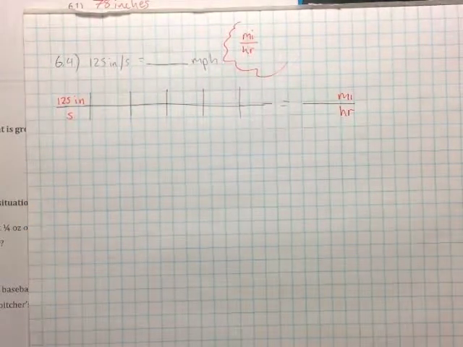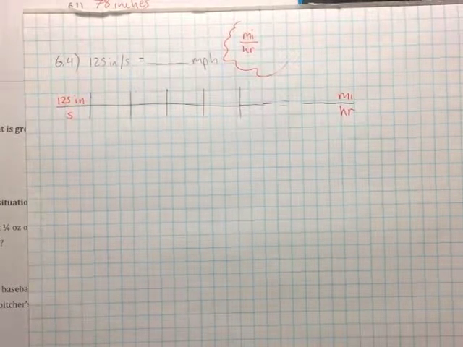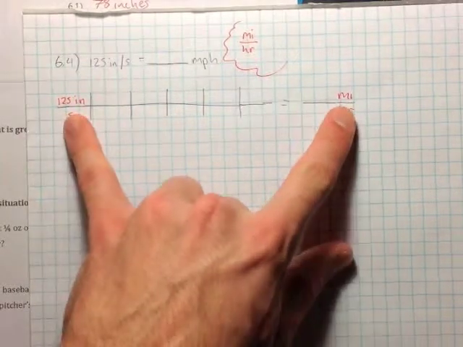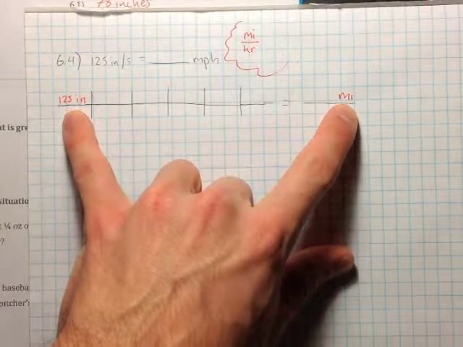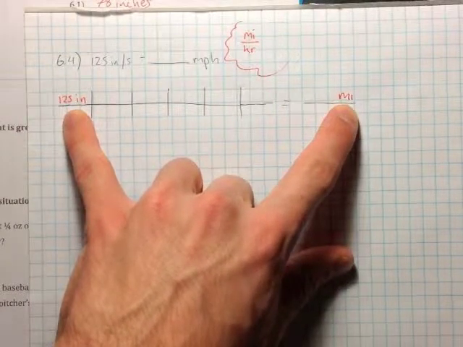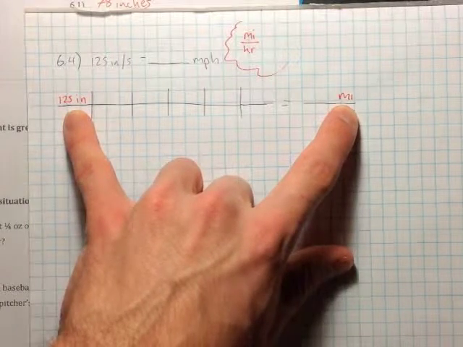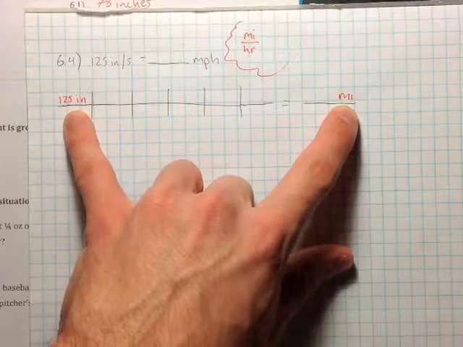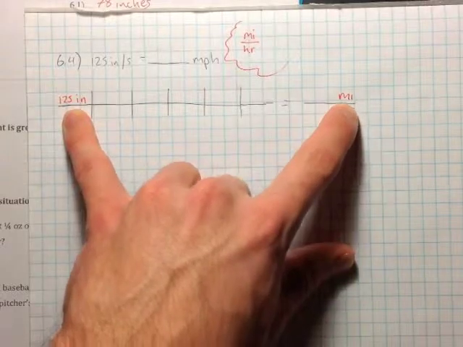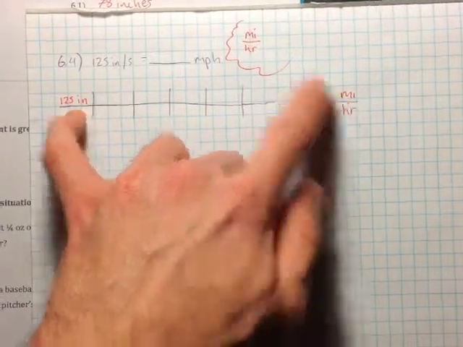Alright? Now, let's figure out what we need to do step by step. First of all, let's just look at the top. We are being asked to convert inches, a unit of length, into miles. So let's think of some relationships that involve inches and miles. Alright? Well, let's see here.